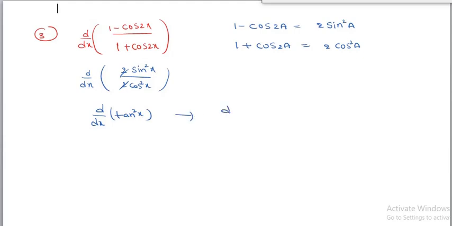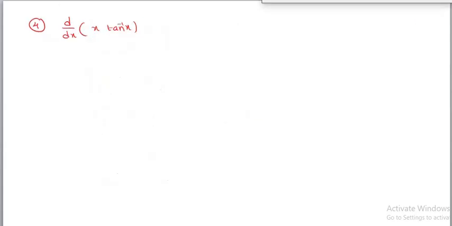Using d by dx of x power n equals n x power n minus 1, replacing x with tan x: 2 tan power 2 minus 1 x, times d by dx of tan x. So 2 tan x, and the derivative of tan x is secant square x. Write it down.